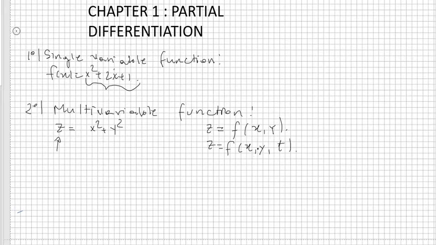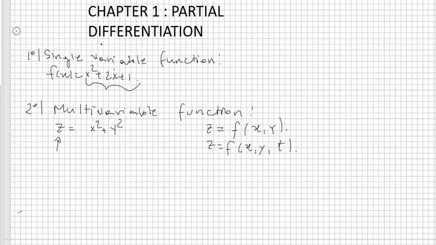This is also a multivariable function, but in this case the function includes three variables. Now when we speak about partial differentiation, these are basically the differentiations that are applied to multivariable functions.